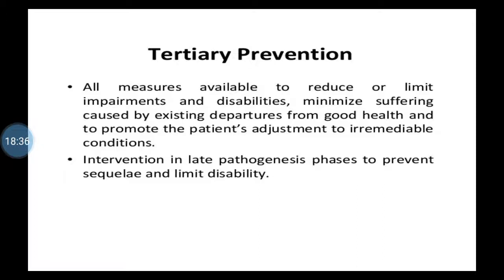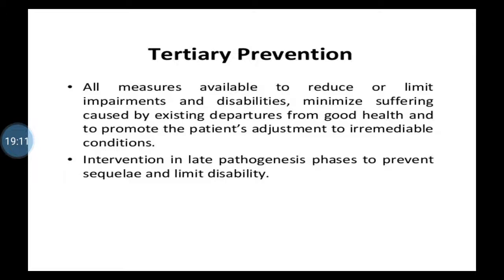In simple meaning, I will give you the objective of tertiary prevention. As we have seen the definitions for primary and secondary prevention, you can note down that the aim of tertiary prevention is to reduce further complications or permanent disability in the patient. It includes disability prevention and rehabilitation of the patient. This is the meaning of tertiary prevention.